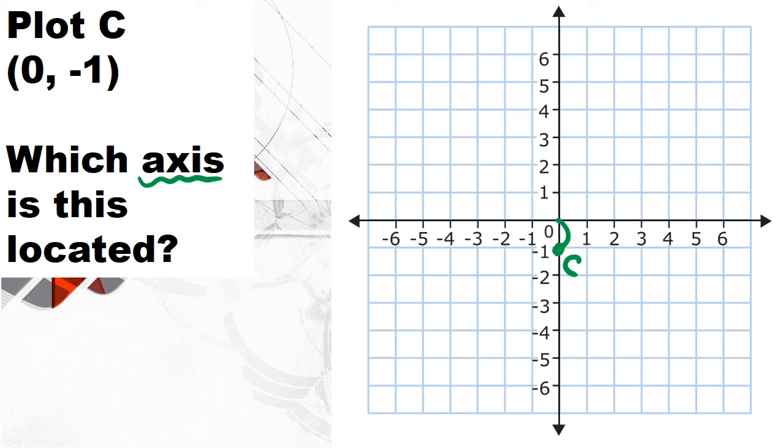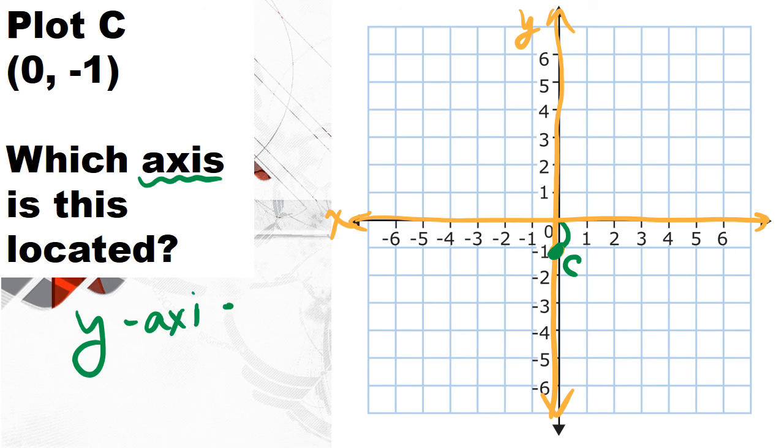We know that our x-axis goes left to right, and our y-axis is going up or down. So point C is located on the y-axis, the one that goes up or down.